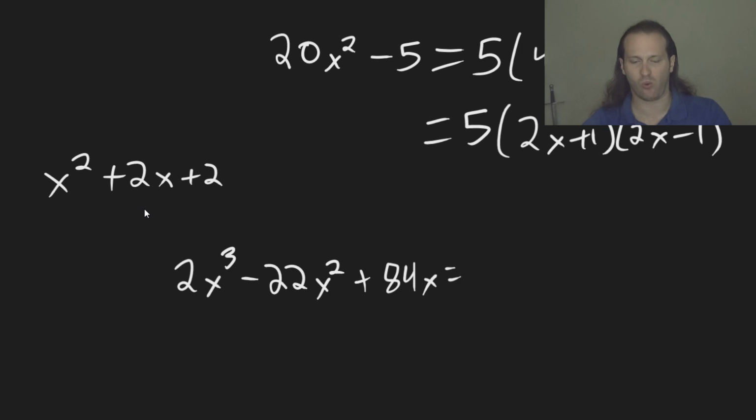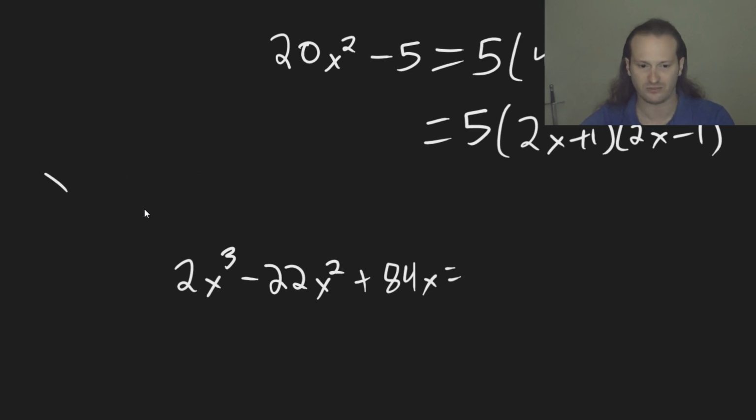We'll cover those in the quadratics chapter. We're only worried about things that can be factored. But this could be factored, maybe not in its current form. This looks a little too jumbled for me.